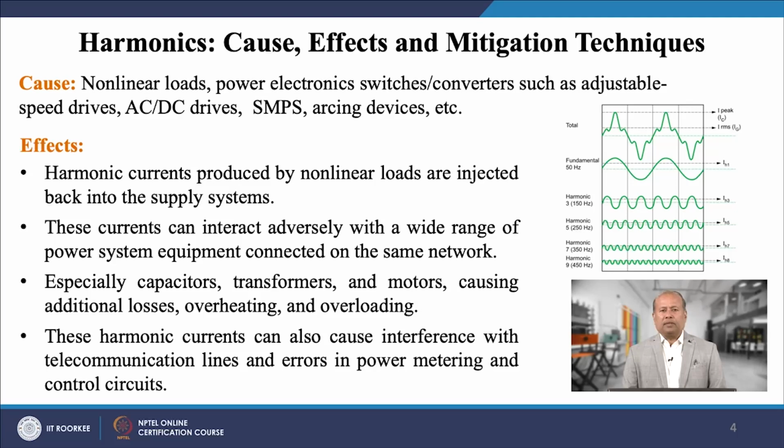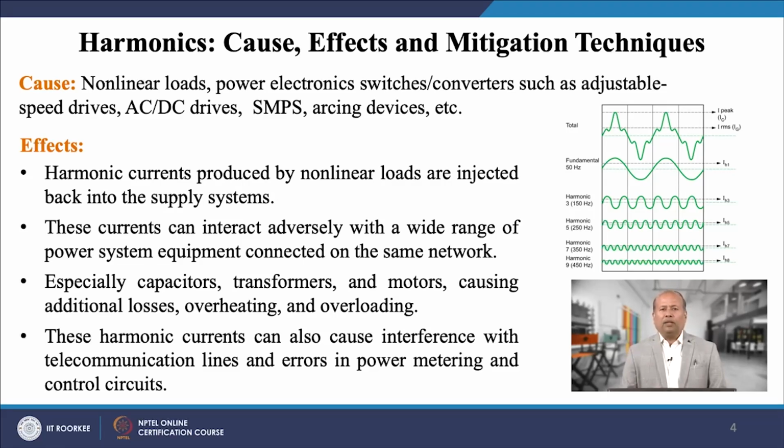These harmonics are injected back into the supply system and interact adversely with other electrical equipment connected on the same network, notably capacitors, transformers and motors. This causes additional losses, overheating and overloading in the devices.